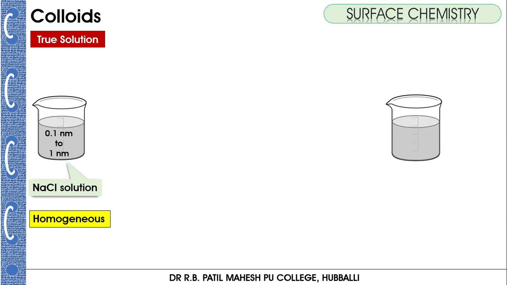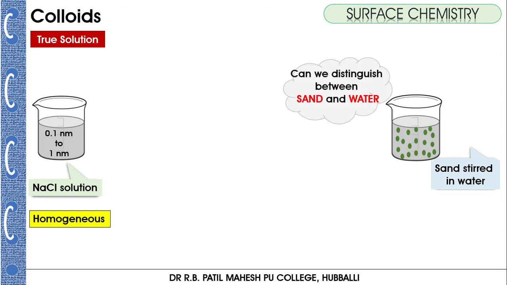Now, let us take one more beaker containing water and let us dissolve sand in it. And we know that sand is insoluble in water. Now the question arises, can we distinguish between sand and water? The answer is yes.